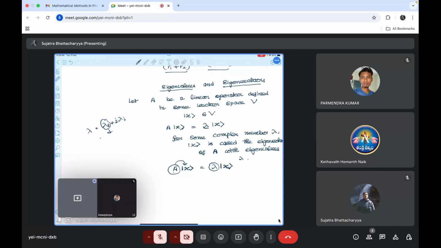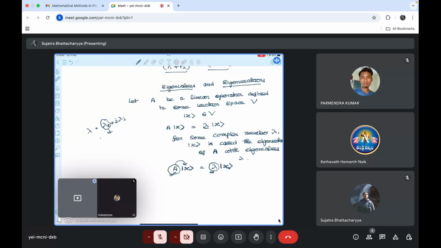Fine? And this x, which we were initially calling a vector, is the eigenvector corresponding to this particular value, which is called the eigenvalue, this scalar value lambda. And all these eigenvectors and eigenvalues correspond to this operator A or the matrix A.